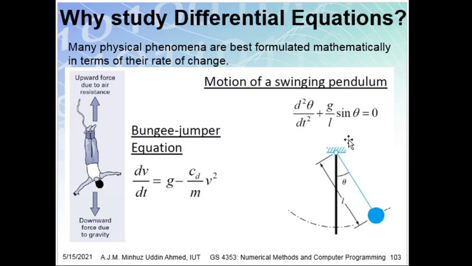Whereas in the bungee jumper equation we can use the differential equation, that is, the change of velocity is known to us. So using that particular phenomenon, we can go on to derive the original function of velocity, or theta for the motion of the swinging pendulum. So in these cases, you see, we are using ODEs.